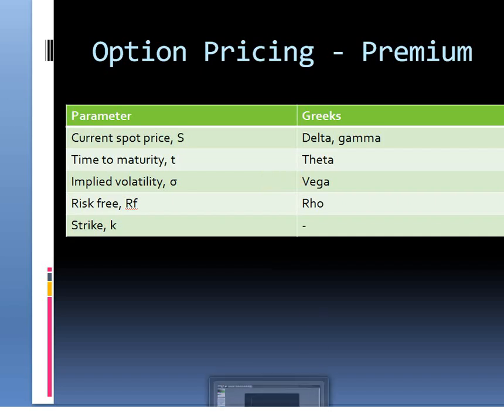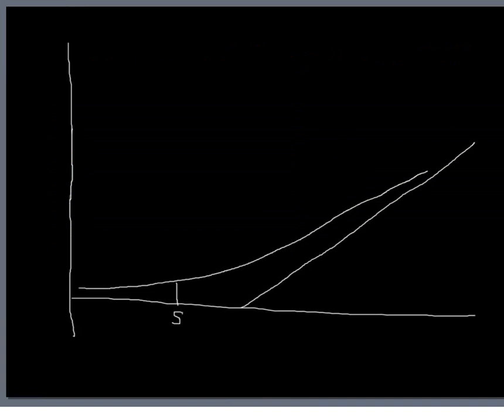Okay, let's look at the typical equity call option. Let's assume that we have bought a call option at strike K, and the current spot is S. Imagine that we want to hedge this option and we can only hedge using equities.